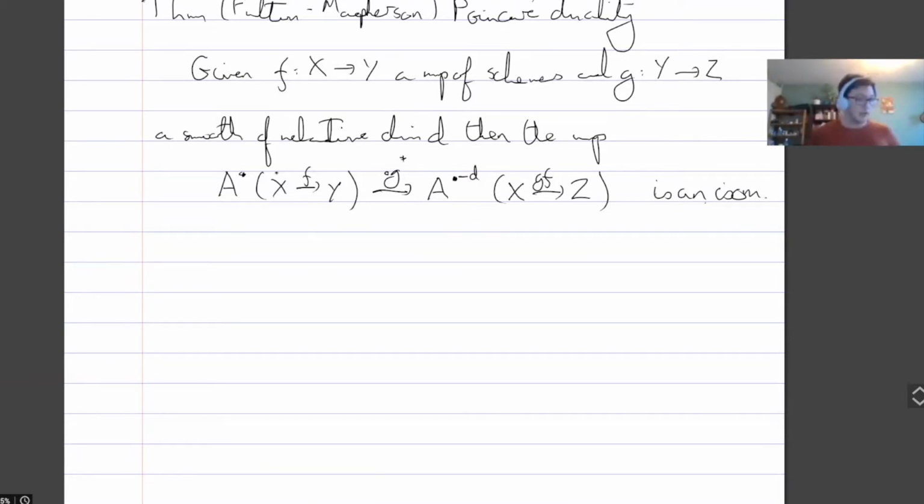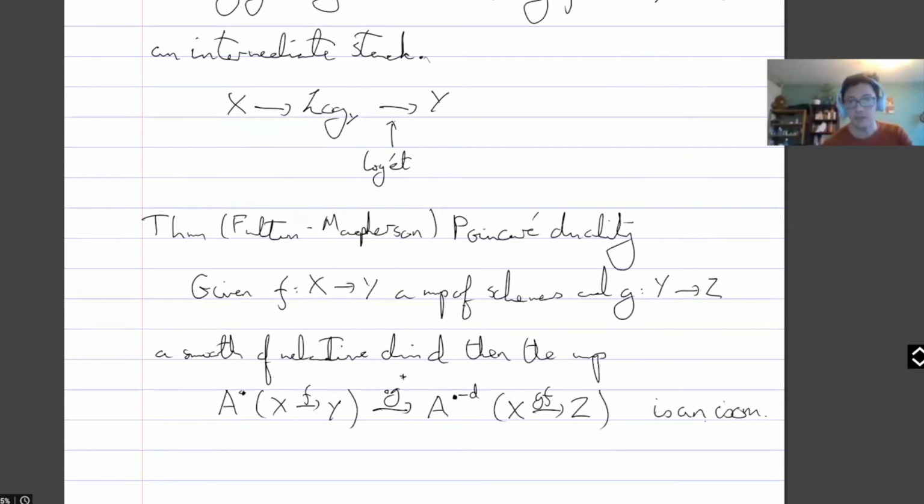Great. So why is this relevant? Well, we really do genuinely know how to construct obstruction theories and virtual fundamental classes for this map here.